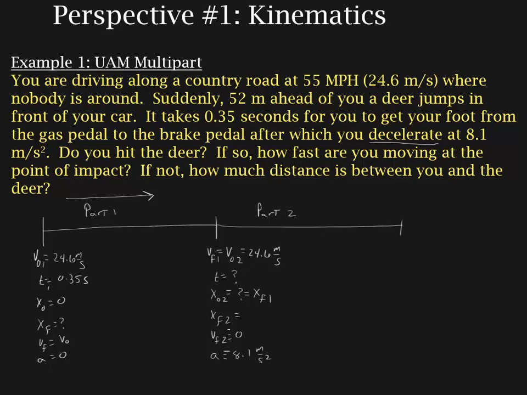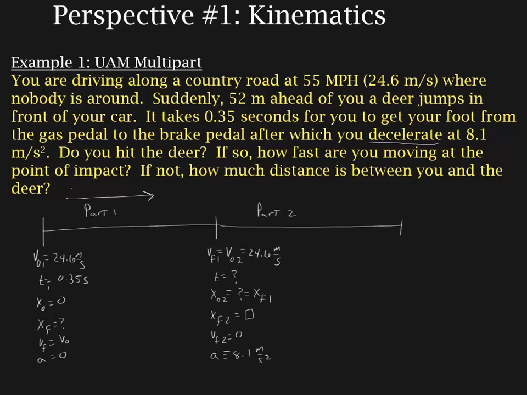Now, X final of part 2. There's a couple of ways of looking at it, but really we're just going to say that X final is an unknown quantity that we're going to look for. I'm going to put this in as a box for the simple fact that the deer, we know, is located somewhere.